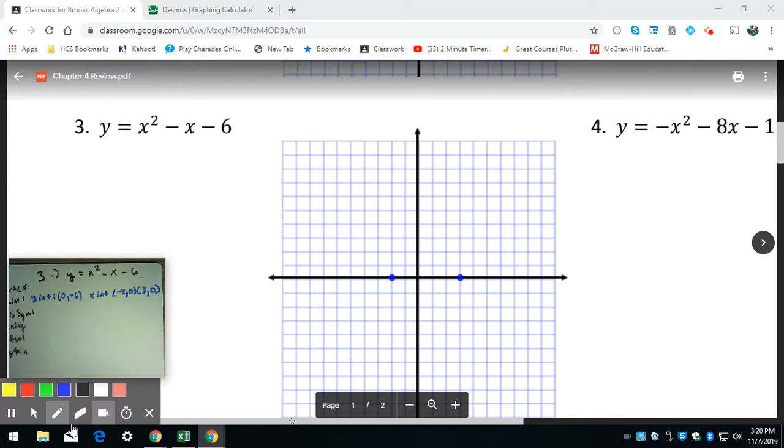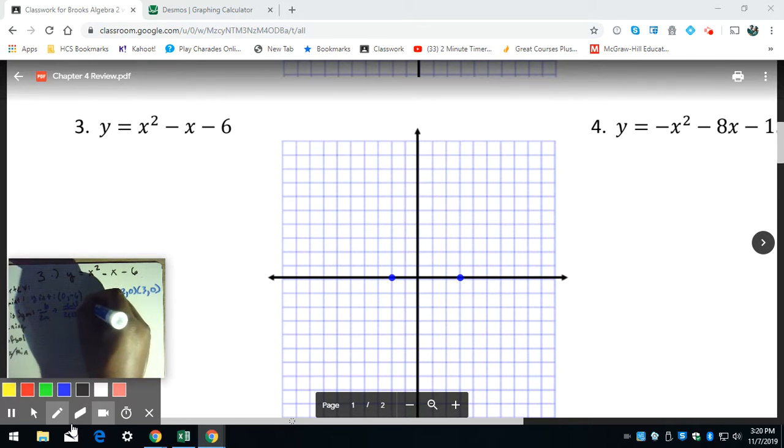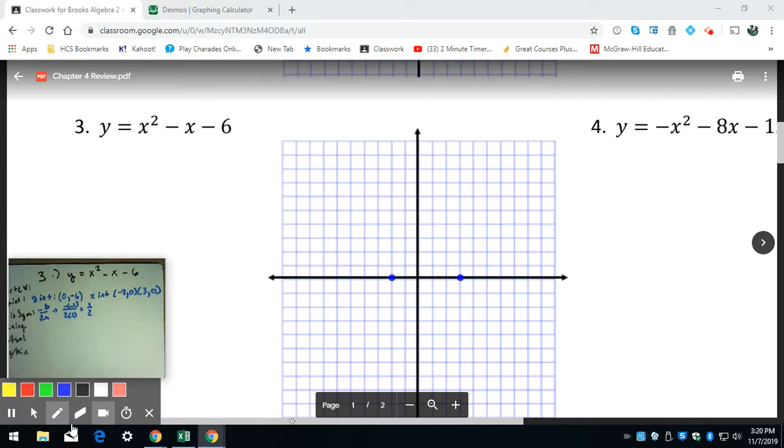What we're going to do now is determine our axis of symmetry. And for those of you who remember, our axis of symmetry is going to be -b over 2a. A in this case being 1, b in this case being -1. So this right here is just going to be negative times -1 all over 2 times 1. This is going to be 1/2. This is our axis of symmetry.